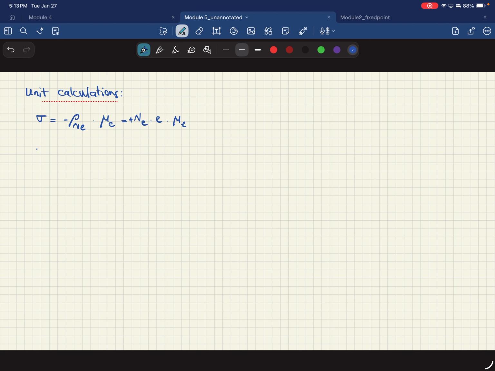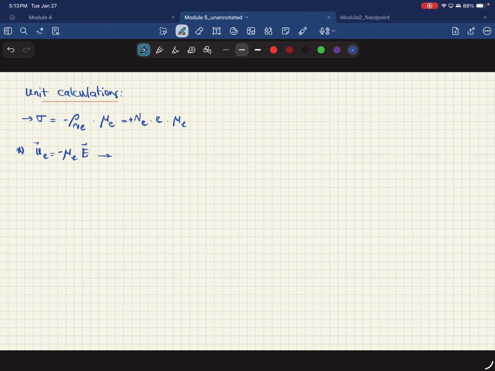So here we have UE being mu E times E. This is the formula I want to use. So I'm going to use this one first, actually, to derive the unit of mu E. And then I'll plug it in here to find the unit of sigma.